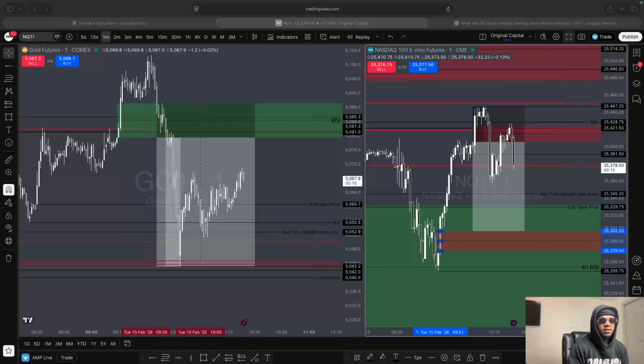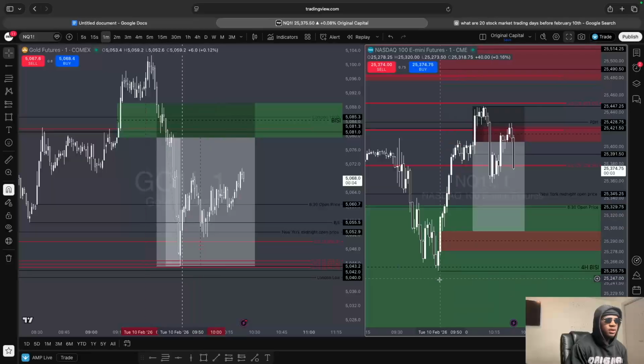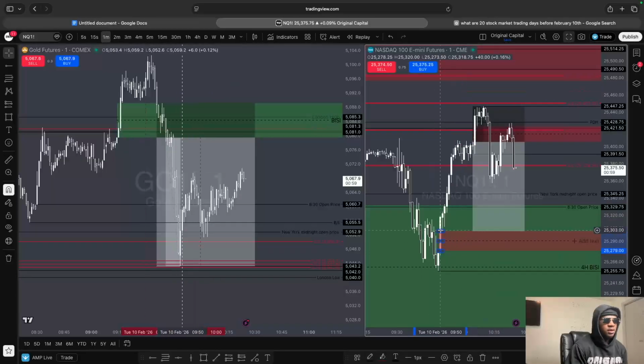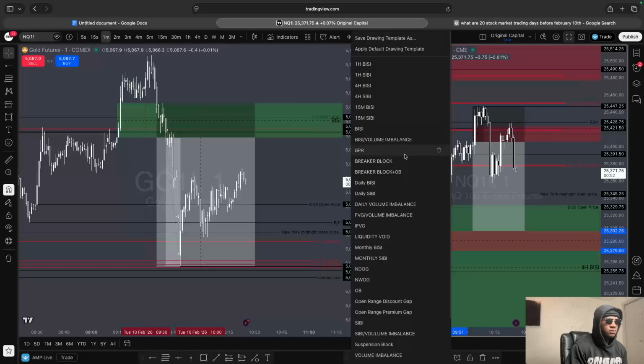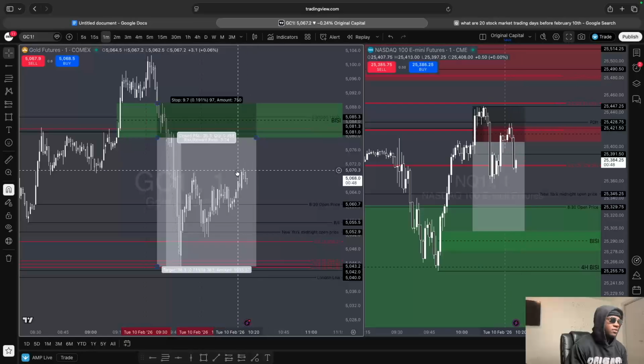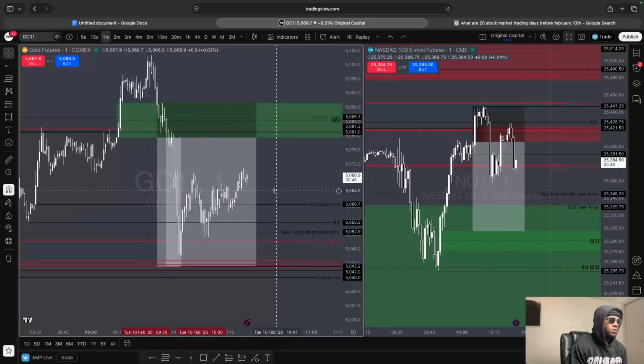NQ's having better volatility than gold right now, so I definitely like these NQ shorts down in here. It can come down to here, but good risk to reward, good unfilled, untapped area. This might get stopped out at break even, not gonna lie.